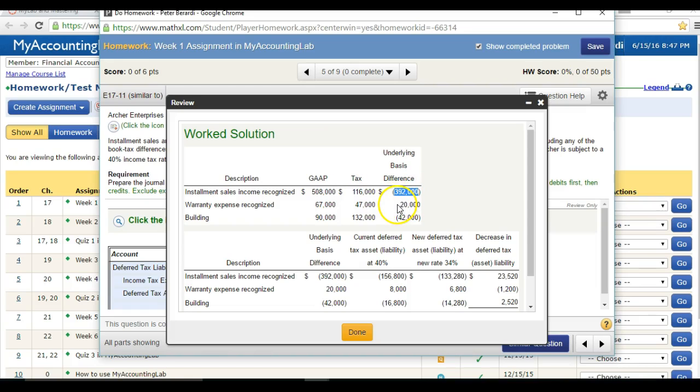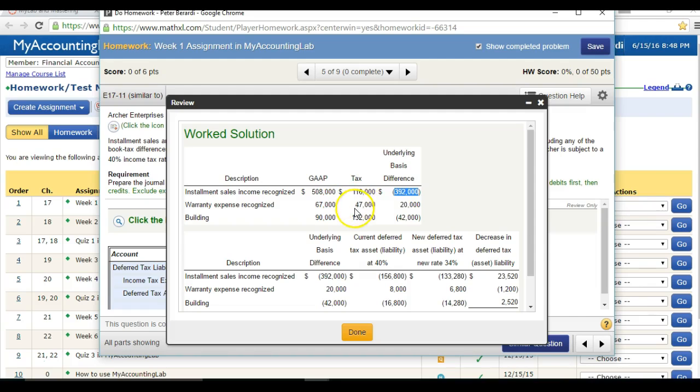The warranty expense is an asset because under warranty, it's the same philosophy. We get to record the warranty expense as an accrual related to the sale, but we can only, for tax purposes, recognize warranty expense when we physically have to pay out cash for that warranty.